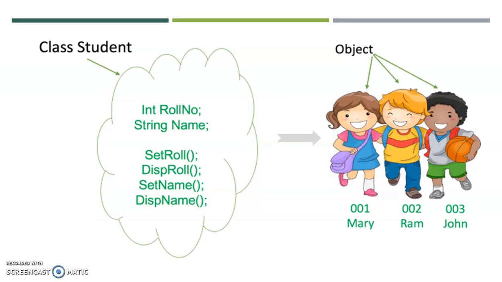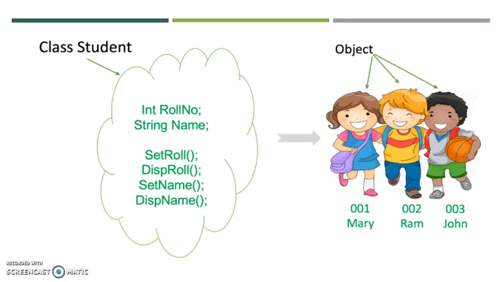One more example showing a class student, wherein the attributes of class student are int roll number and string name. In Python, though we do not write the data type associated with the variable name, there is no harm in referencing it in the example. Roll number and name are the attributes, and set roll number, display roll number, set name and display name are the operations or methods of the class student.